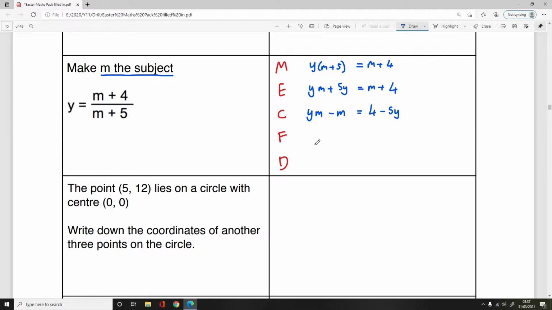Okay, factorize. We want to take out a factor of m because we want m to be the subject. And then divide by the bracket that you just made. And there we go. Classic Mechford, 4-5 marks, grade 8. Lovely.